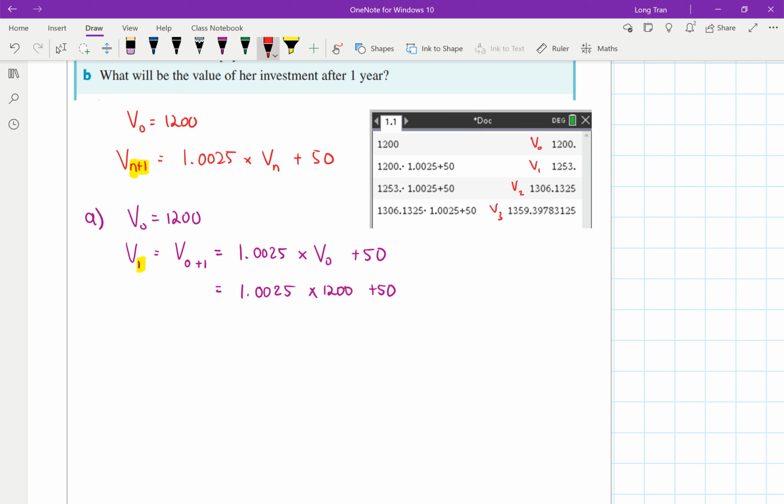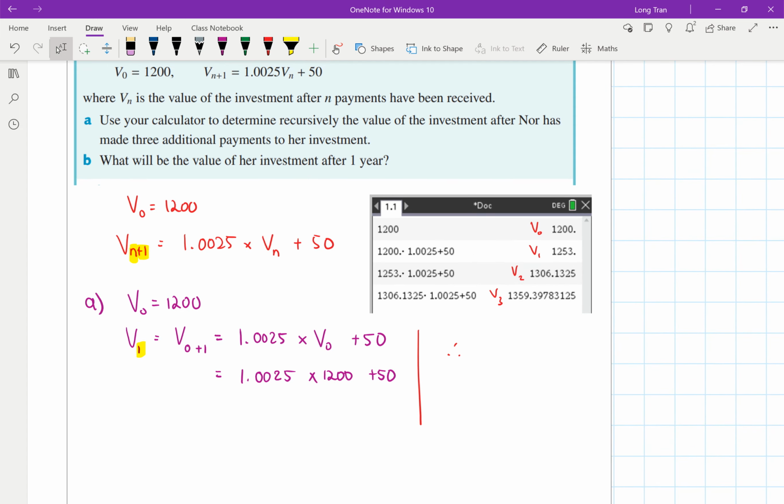So answering the question, I know, therefore, after 3 payments, because they asked to recursively find the additional 3 payments to the investment, what was the value of the investment? Well, the value V3 is equal to $1,359, and technically rounding it to 40 cents there, to the nearest cent.